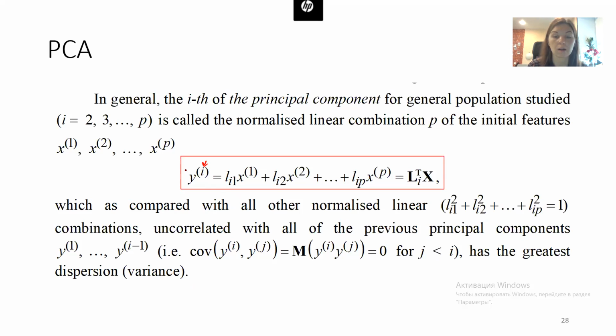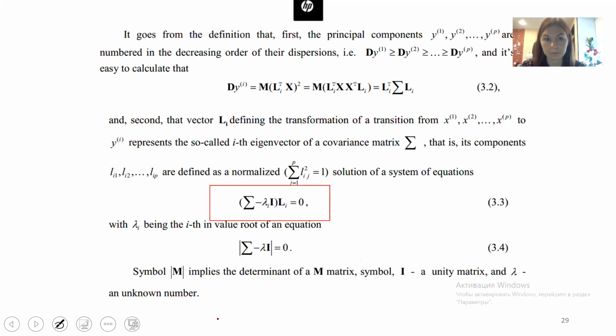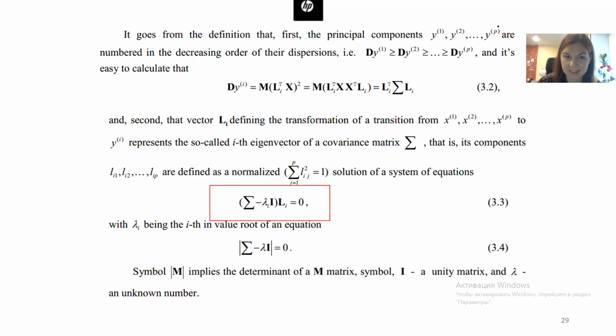So correlation between principal components should be equal to 0. It's really, really important. And the first principal component has the highest variance, the second less, and so on.